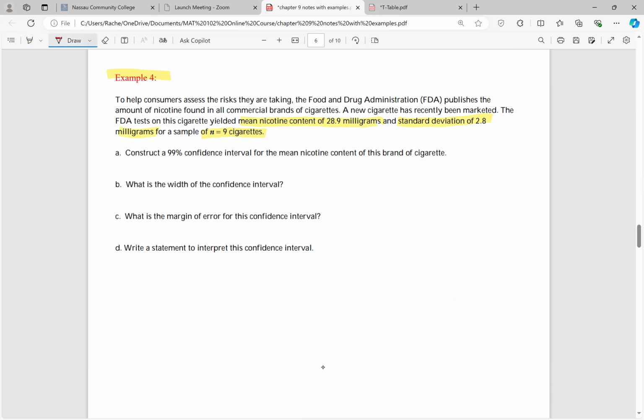So what we know is X bar is equal to 28.9 milligrams. The sample standard deviation is equal to 2.8 milligrams, and my sample size N is equal to 9.